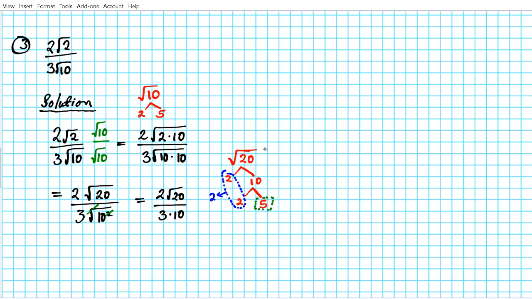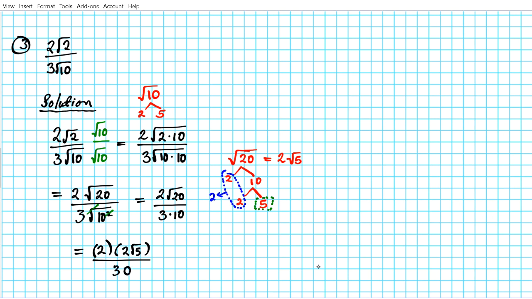The simplified form of root 20 is the 2, which comes as a result of taking the square root of the factor 4, and then root 5, which stays behind. So let's insert that simplified form in our problem. So we have 2 times 2 root 5, the simplified form of root 20, divided by 30.